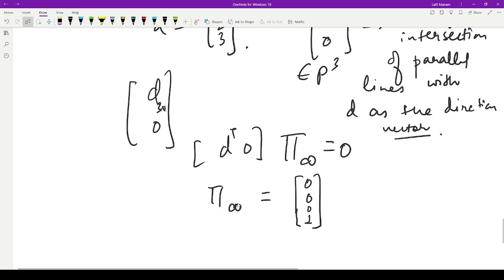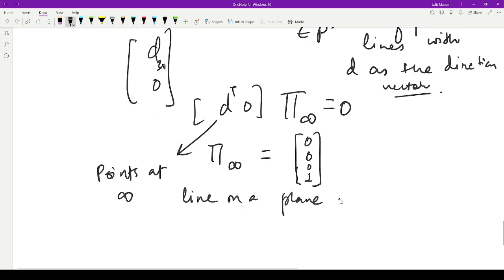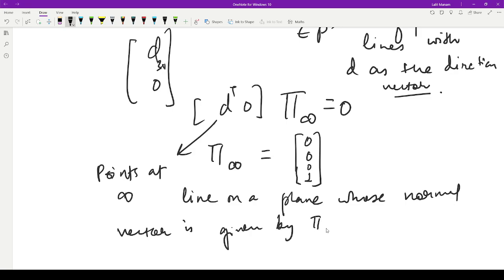So if you have the plane at infinity defined like this, 0, 0, 0, 1, that means all these points at infinity lie on a plane whose normal vector is given by pi infinity.